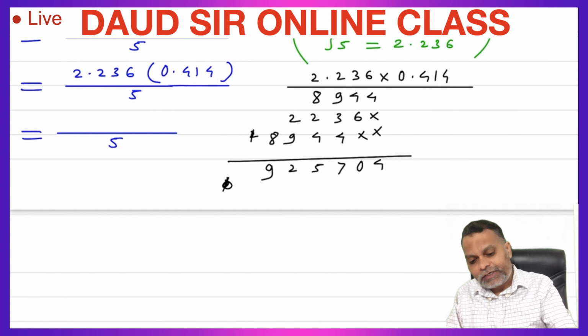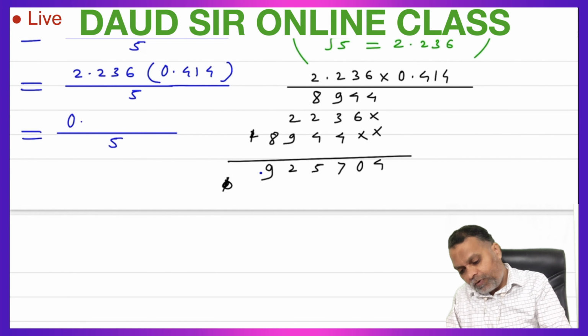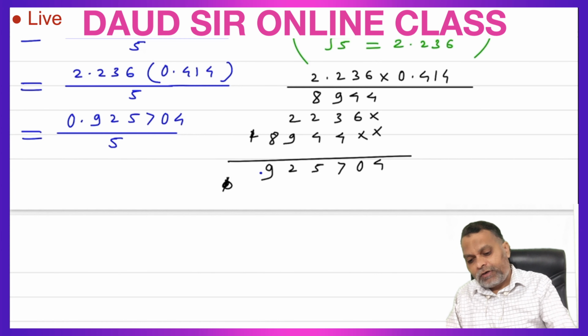So after how many digits? 6 digits. Put the decimal: 1, 2, 3, 4, 5 and 6. 0 point. So we can write this. This is the decimal: 0.925704.